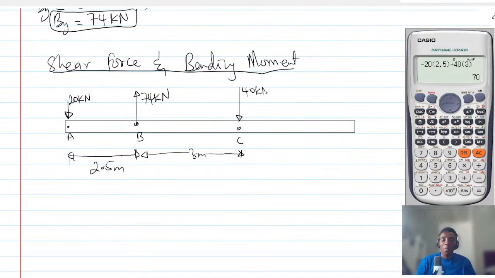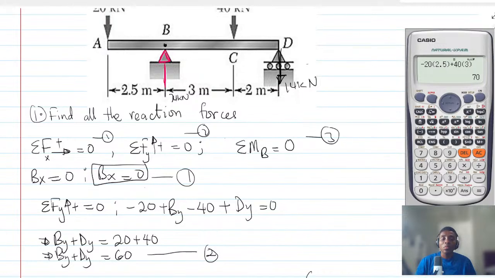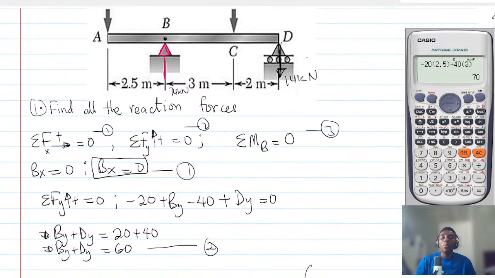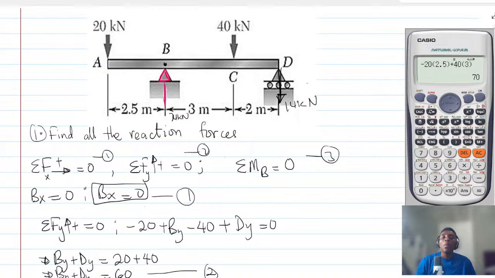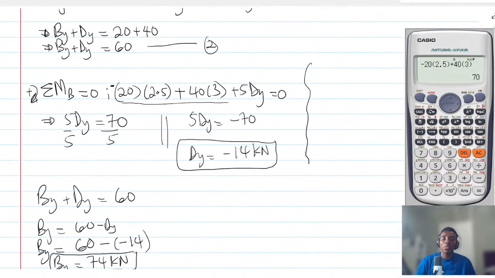Okay. And then I think finally at D there's a force which is, okay, at D that is the 14 kilonewton.